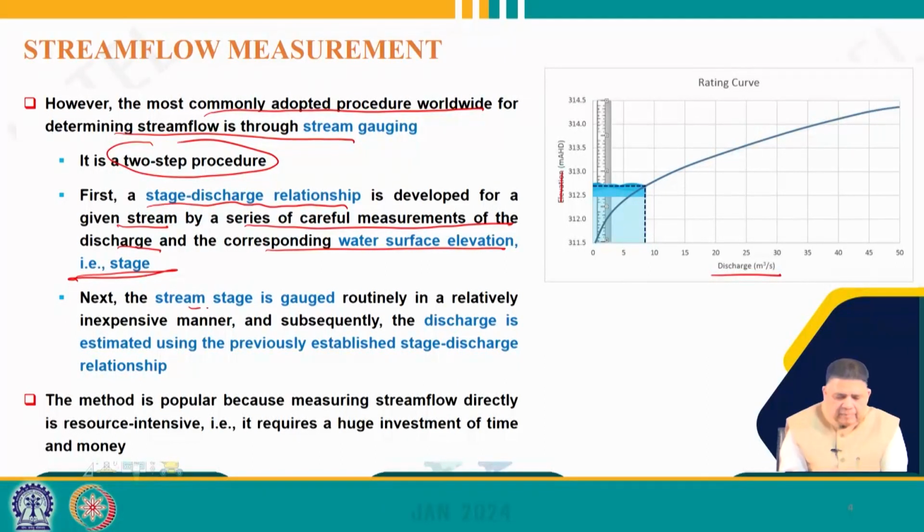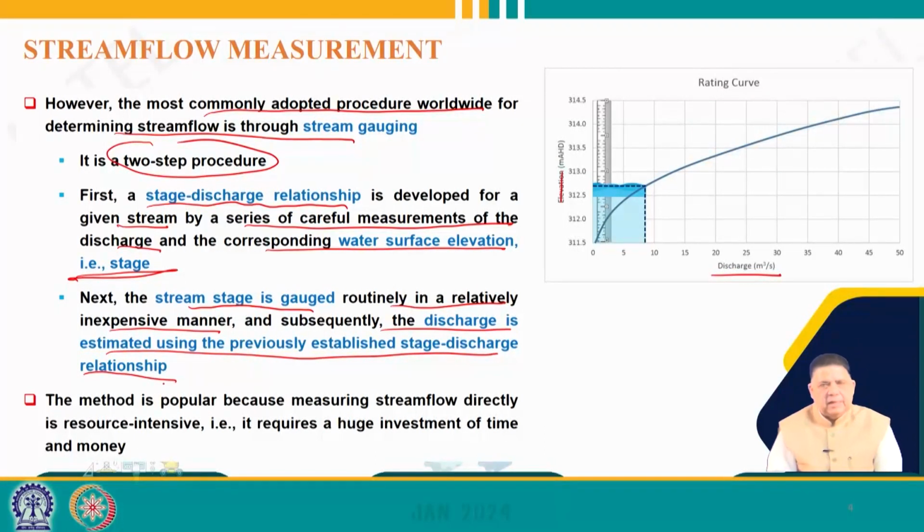Next, the stream gauge stage is gauged routinely in a relatively inexpensive manner, and subsequently the discharge is estimated using the previously established stage discharge relationship. So first we develop this relationship, and then we measure only the stage or elevation, and knowing the stage, as shown here, we can find out how much flow is taking place in the stream.